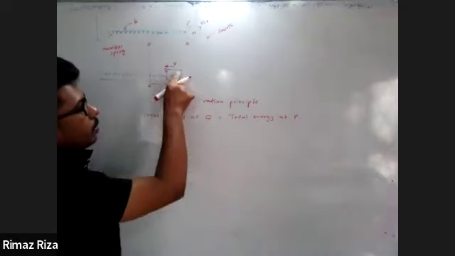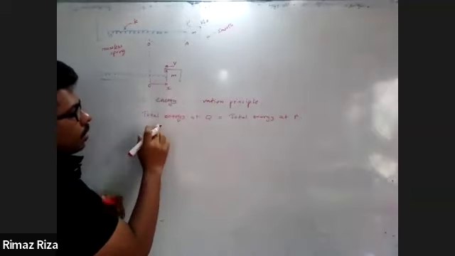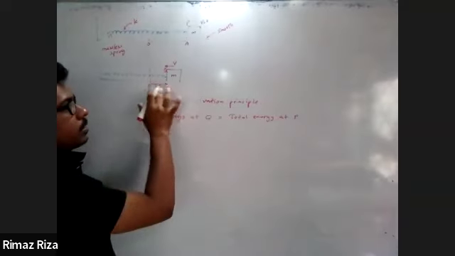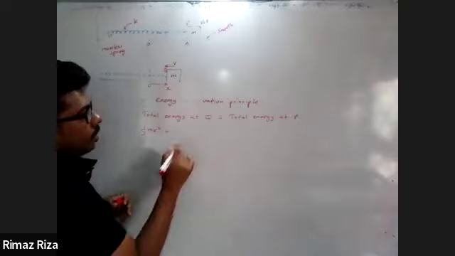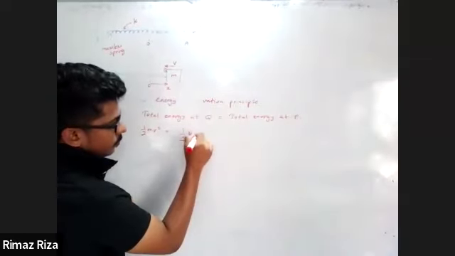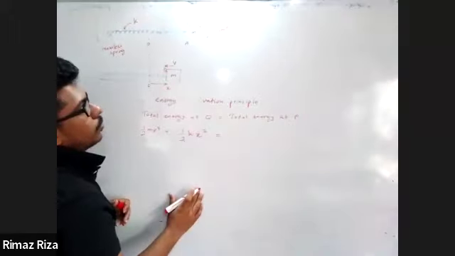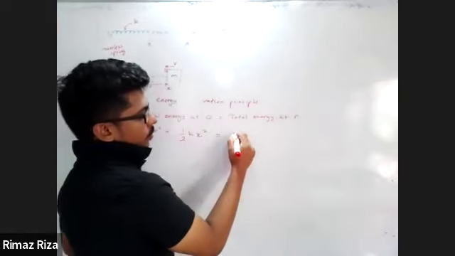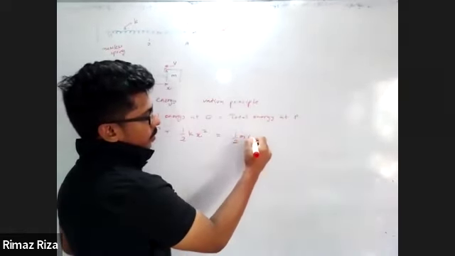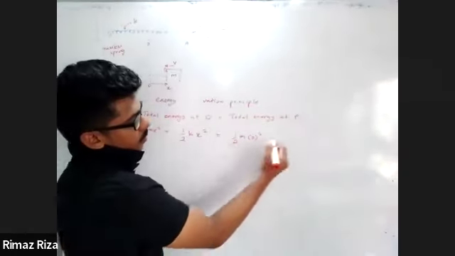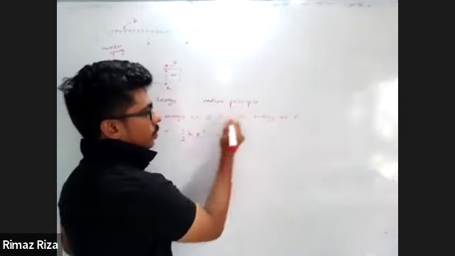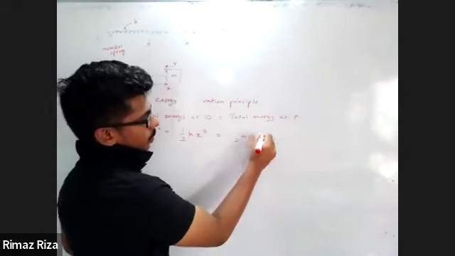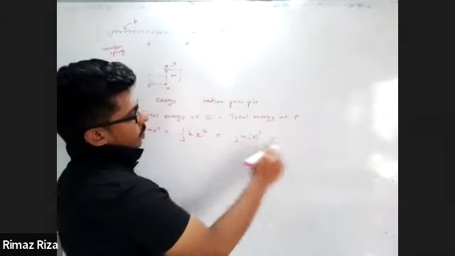Okay, so here we have kinetic energy, half m v squared, plus potential energy, half k x squared, is equal to total energy at P. Kinetic energy is 0, as the velocity is 0, so this term we can simply write as 0.